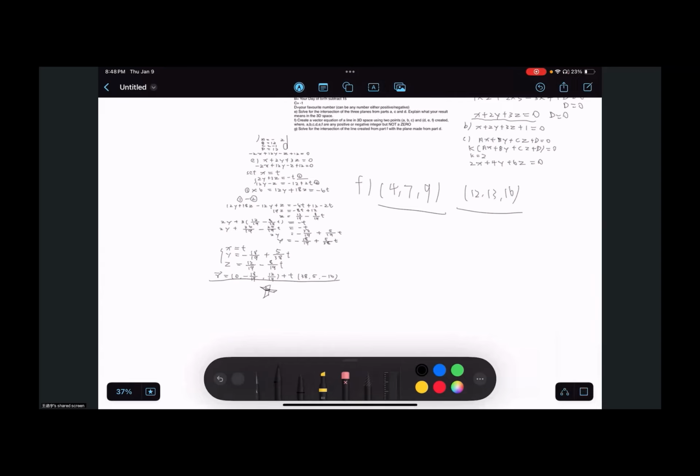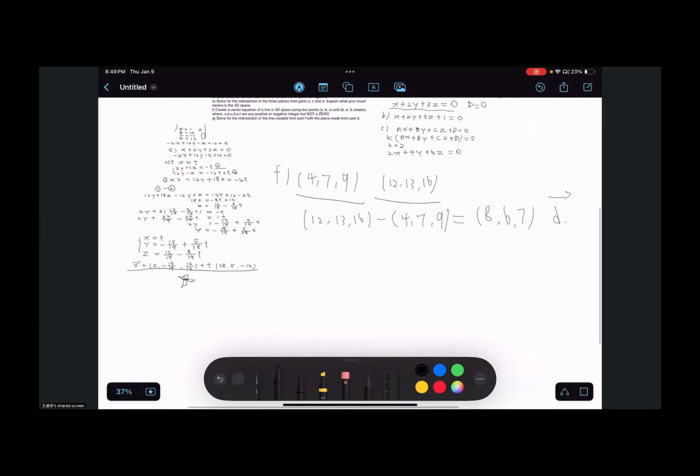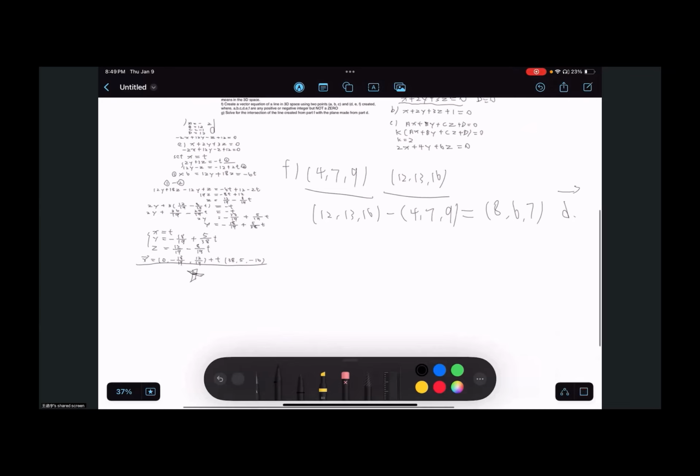So let's use the point 12, 13, 16 minus 4, 7, 9. And we got 8, 6, and 7. So it will be the direction vector for the vector.